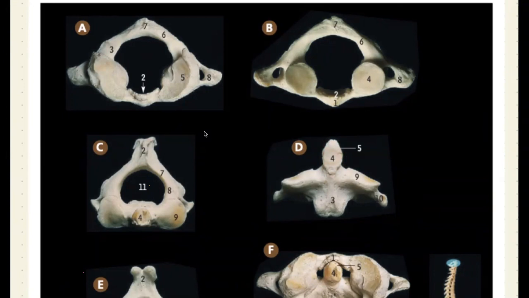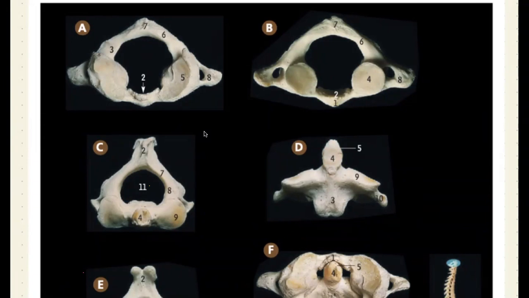These three ligaments are combinedly known as the cruciate ligament, if I am not wrong, right? Yes, Doctor. Three ligaments: the transverse atlantal ligament, the apical odontoid ligament, and the alar ligament. Exactly. These three ligaments are combinedly known as the cruciate ligament.